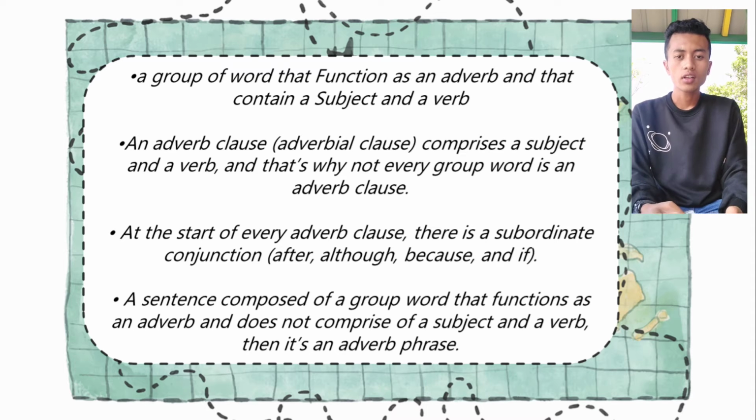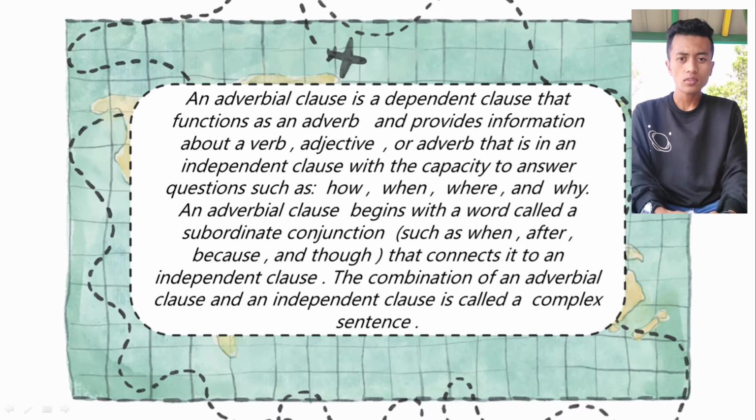And the third, at the start of every adverb clause, there is a subordinate conjunction such as after, though, because, and if. And the fourth is a sentence composed of a group of words that function as an adverb and does not comprise a subject and a verb, then it's an adverb clause.